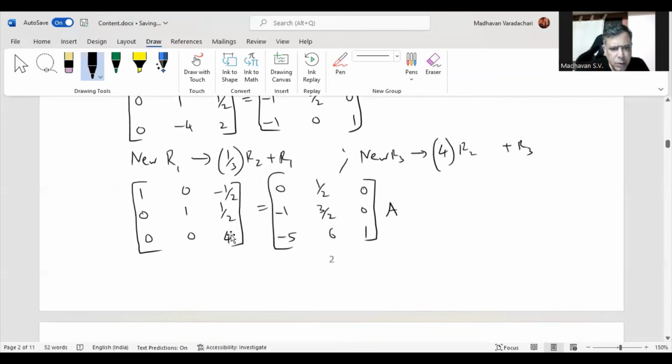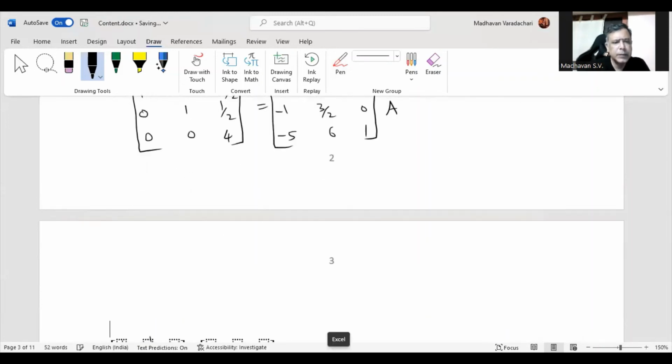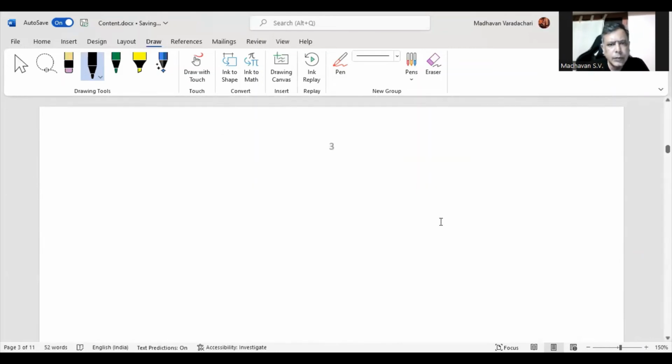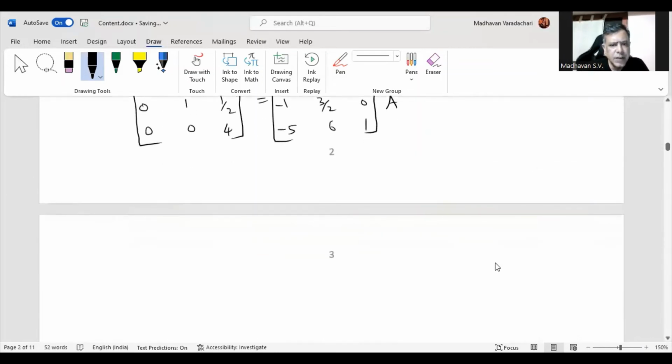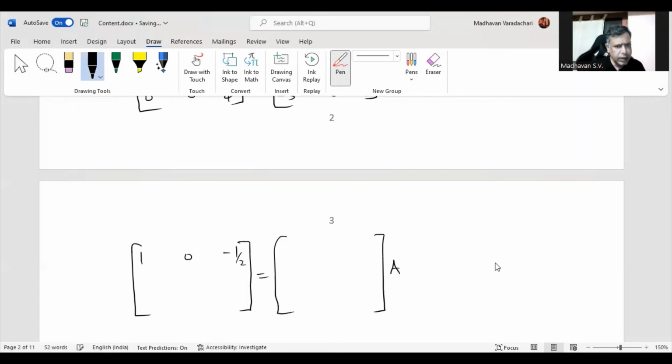So next step is to make this 4 to 1. That is what we will be doing. So that means first row and second row will remain as it is. So first row 1, 0, minus half, 0, 1, half.